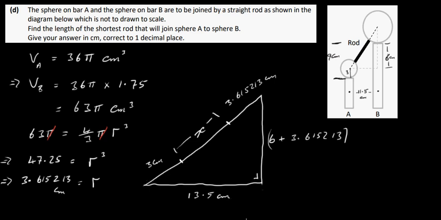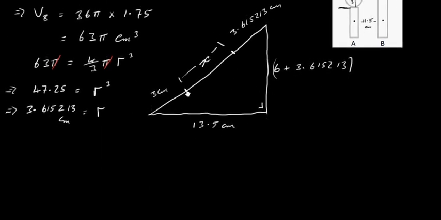Okay, so now I have all the information I need here. All I'm going to do now is Pythagoras' theorem. So what I'm going to do here is take the hypotenuse first. So the hypotenuse is 3 centimeters plus 3.6 and so on centimeters, this plus this. That's going to be 6.615213. I'm going to square that. Oh, sorry, I've got to actually add the x as well.